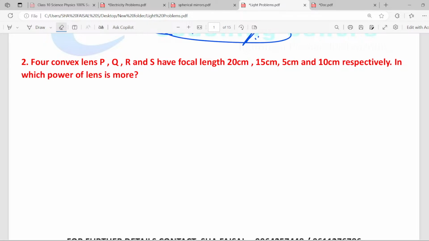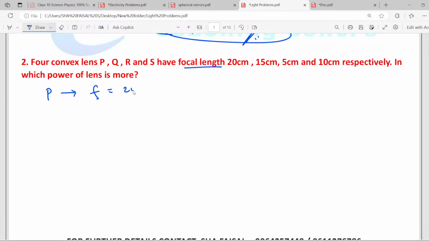As you can see, they have given four focal lengths for four convex lenses P, Q, R, S. Convex lens P: the focal length is 20 centimeter. At Q, focal length is 15 centimeter. At R, focal length is 5 centimeter.